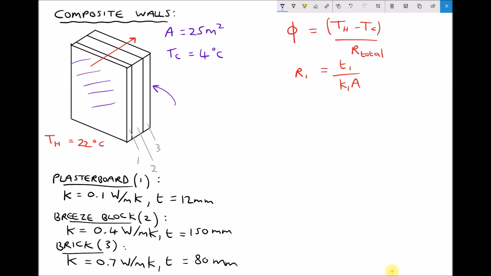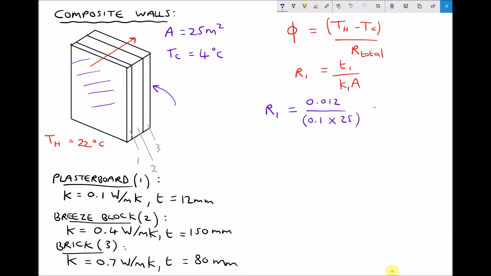So let's begin with the thermal resistance of our plasterboard. And we've said that the thickness of the plasterboard is 12 millimeters. Now it's important to remember to work in meters, so 12 divided by 1000 is 0.012. We've specified that we have a thermal conductivity of 0.1 for our plasterboard, and the area of each layer, because it's the area of the wall, is 25 meters squared.